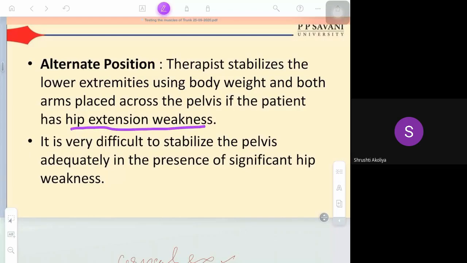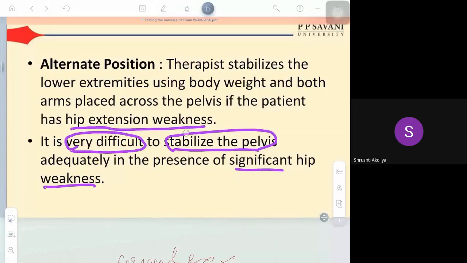So remember, it will be very difficult for the therapist to stabilize the pelvis if there is significant hip weakness. If the hip extensor muscles are significantly weak, then stabilizing the pelvis will be very difficult for the therapist.